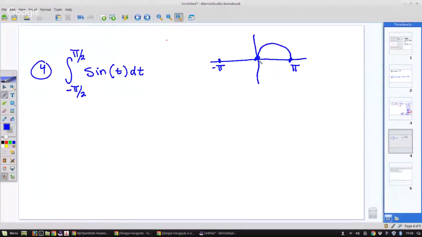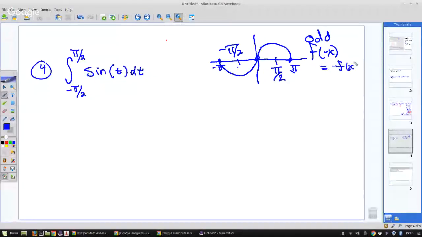I mean, we have negative pi over 2, sorry, and pi over 2 over there. So this is what we call an odd function. F of negative x is equal to the opposite of f of x. This is also symmetry about the origin.